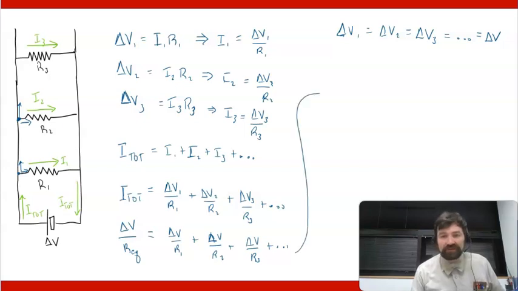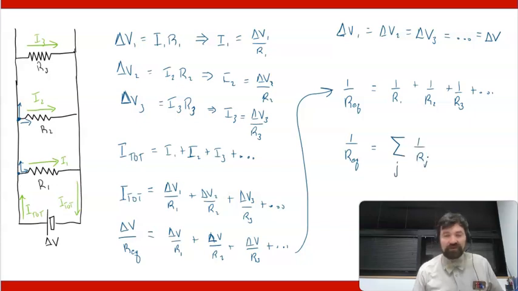And so this right here leads me to 1 over R equivalent is 1 over R1 plus 1 over R2 plus 1 over R3, etc. Or if you prefer, 1 over R equivalent is the sum of the individual 1 over R's.